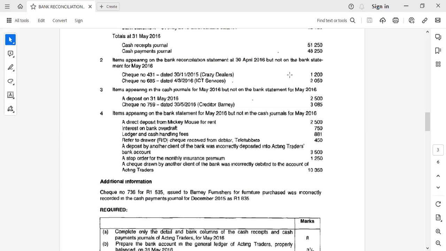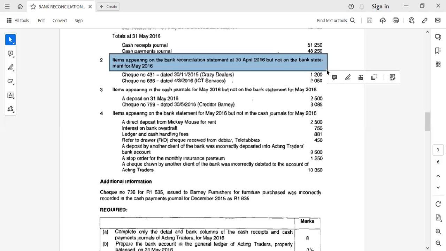Items appearing on the bank reconciliation statement for April, but not on the bank statement for May. Right. If items were appearing in the bank reconciliation for last month and they are still not appearing on the bank statement, it means those items are still outstanding.